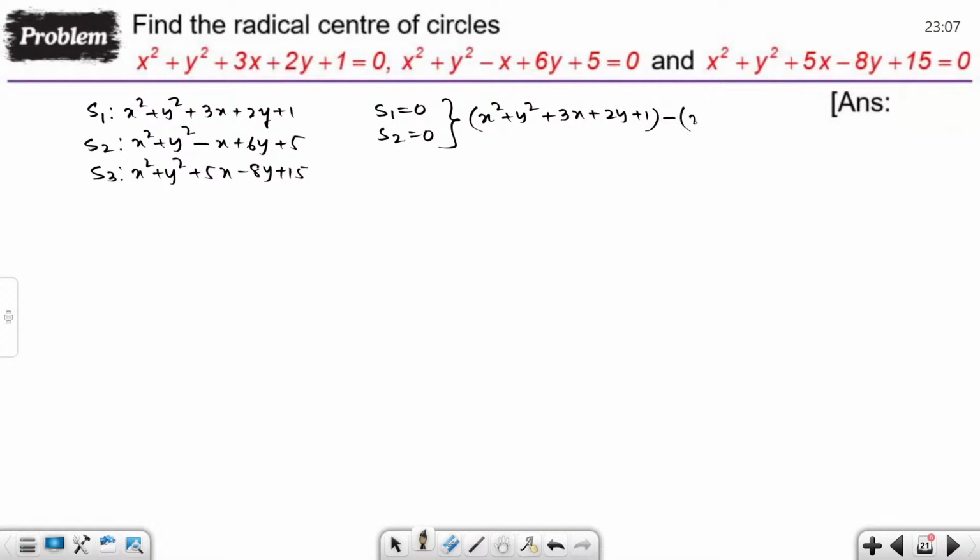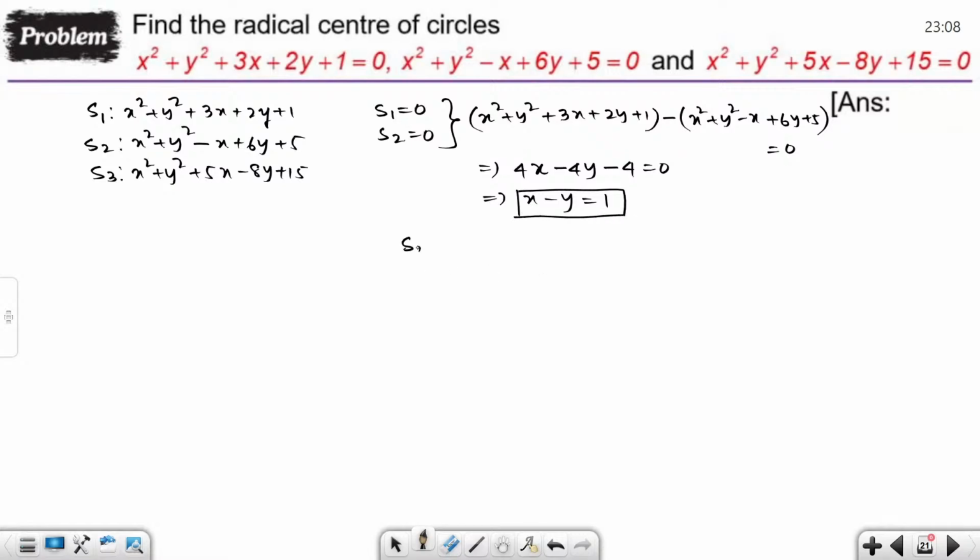Subtract one equation from the other one. This is the equation of the radical axis formed by the circles S1 = 0 and S2 = 0. So that gives us x minus y equals 1. So this is the equation of one radical axis.